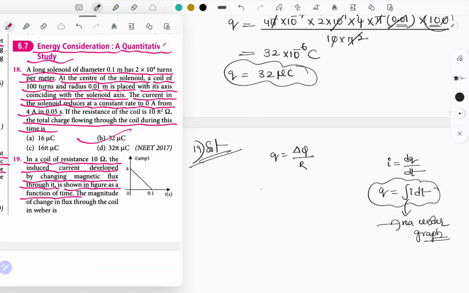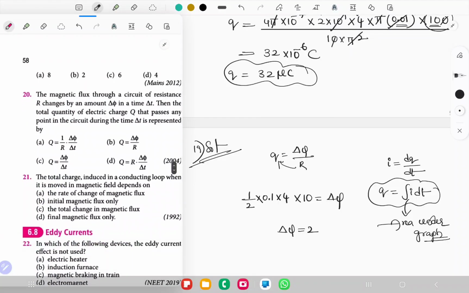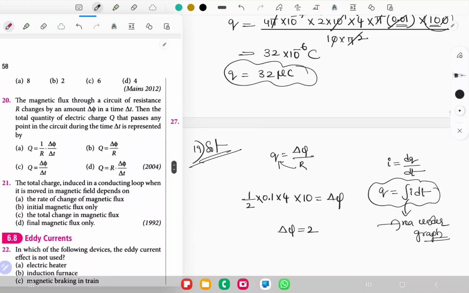It's going to be 1 by 2 into base 0.1 into height 4, into the resistance 10, which is equal to delta phi, and the answer is 2 Webers, I guess. Which option matches? Option B is the correct answer. Got it? So that's the way to answer.